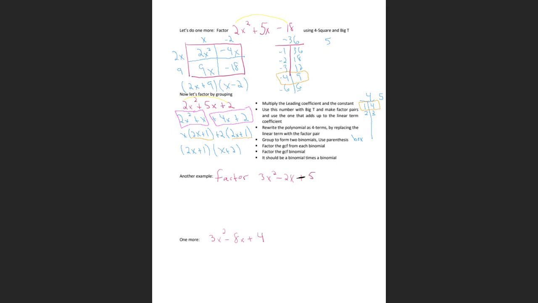So again, if I want to do factoring by grouping, we want to use big T. But the way big T works is since we have a leading coefficient, we multiply the leading coefficient to that negative 5. In doing so, we get this negative 15 as our number. And then our linear coefficient is that negative 2.